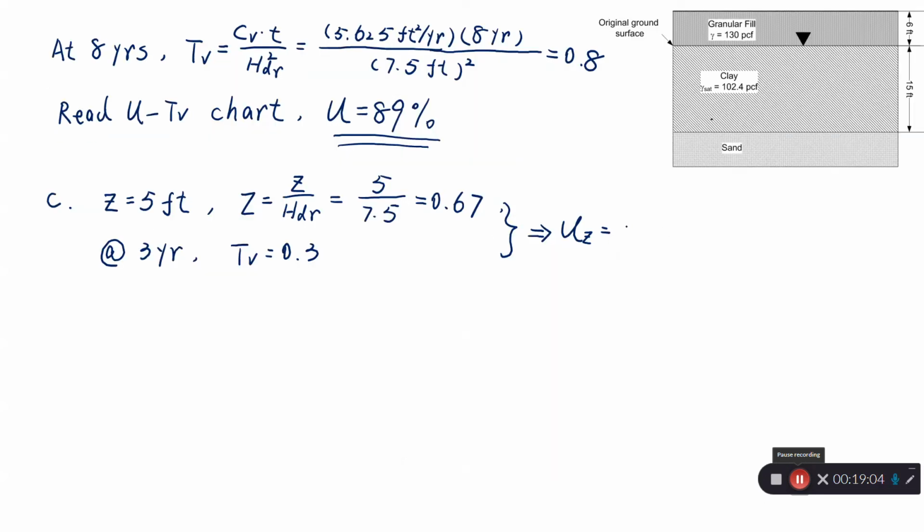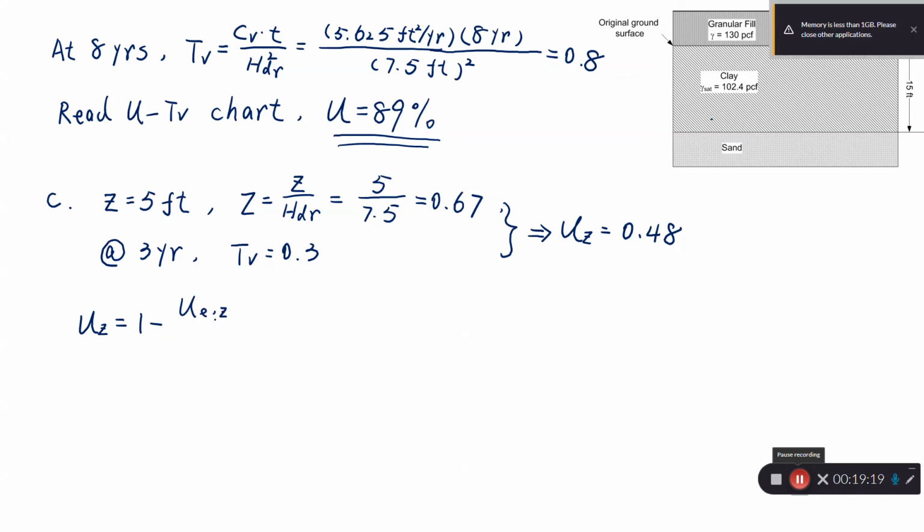You can read 0.48. What that means, well, let's rewrite the expression of UZ. UZ equals 1 minus UEZ over UE nut.